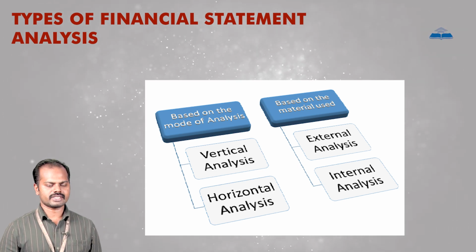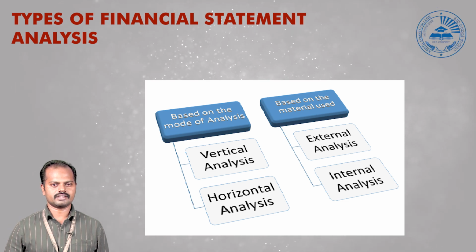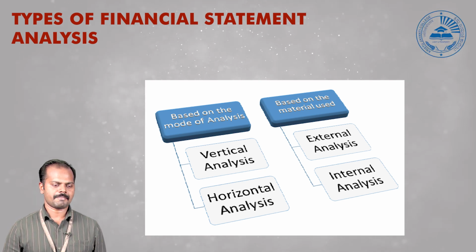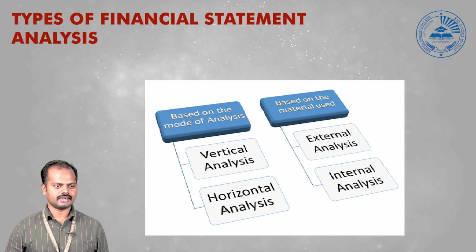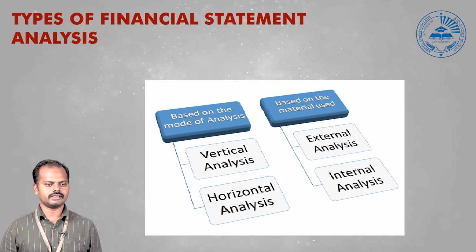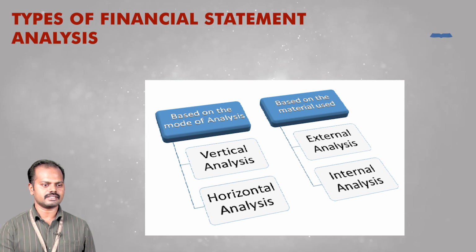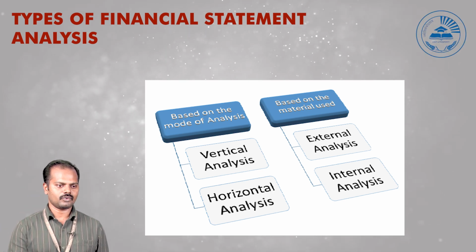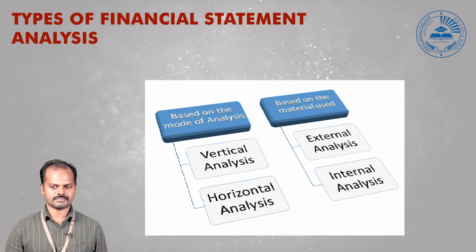What do you mean by horizontal analysis? The word horizontal, you can say, compares two different years. It's like horizontal lines. This particular year we compare with the previous year's profit or statements, and we can say it's a horizontal analysis.